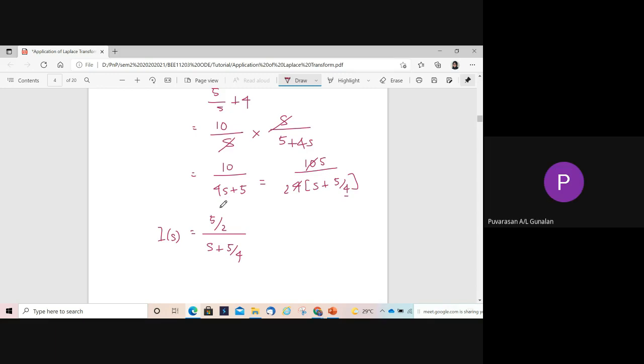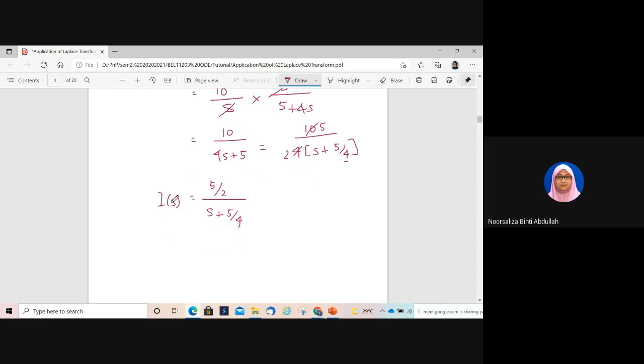Okay, so now we can get I(t) from here. You find the inverse for I(s), and also you find the inverse for this one. So this 5/2 we take out.